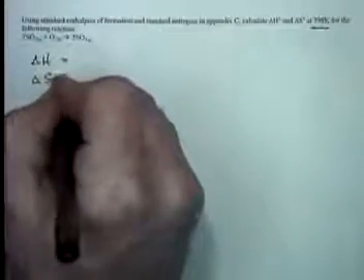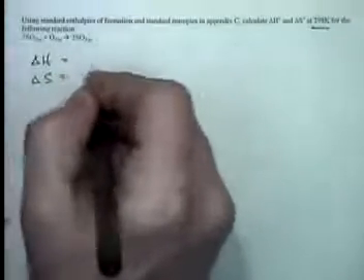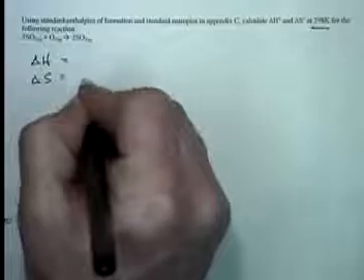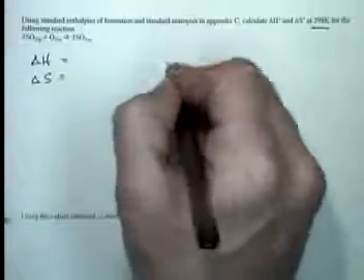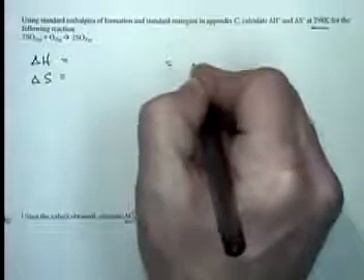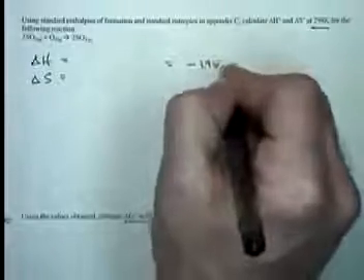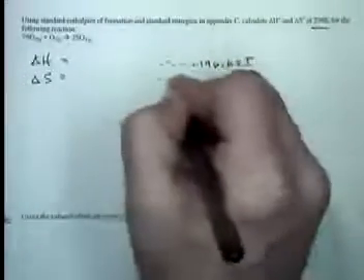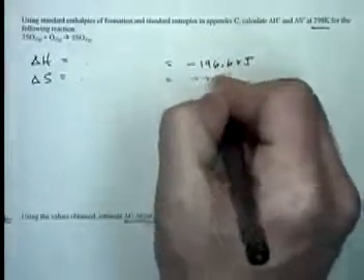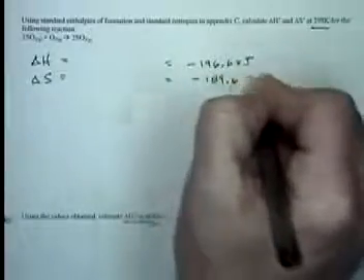Just to save a little bit of time, if you want to go to the back of the book and find the summation of the products minus reactants for each of these and determine them, you're more than welcome to. It turns out that delta H is negative 196.6 kilojoules, and delta S is negative 198.6 joules per Kelvin.